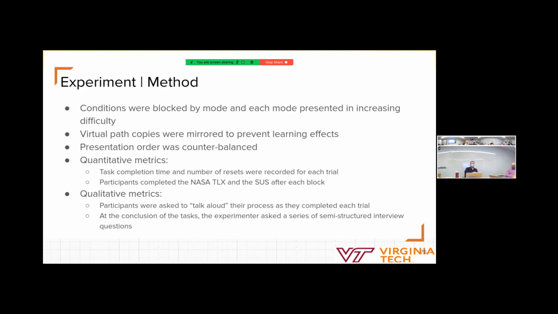And after that hard one, then they would do the NASA TLX and the system usability scale, and then go back and do the other. After it was all done, there was a series of semi-structured interview questions that I asked. And then also they were asked to do a think aloud during the actual experiment phase while they're doing each task.